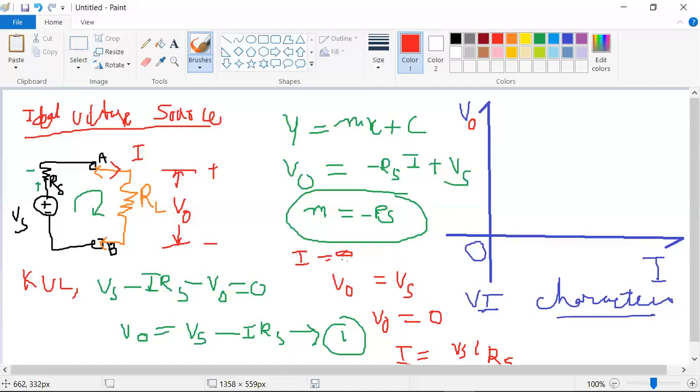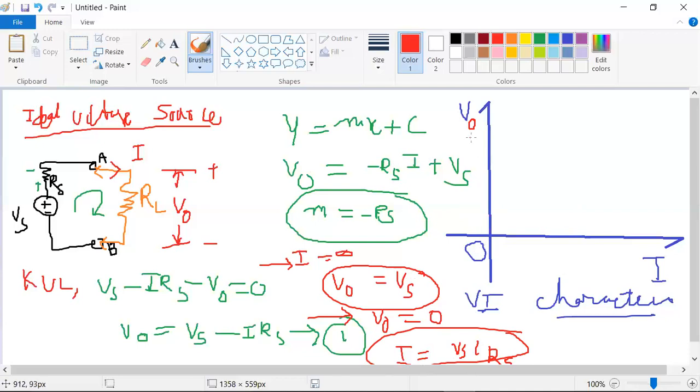For case 2, when my output voltage is 0, the current through the complete circuit, with V naught equal to 0, will be Vs by Rs. These terms are very important.